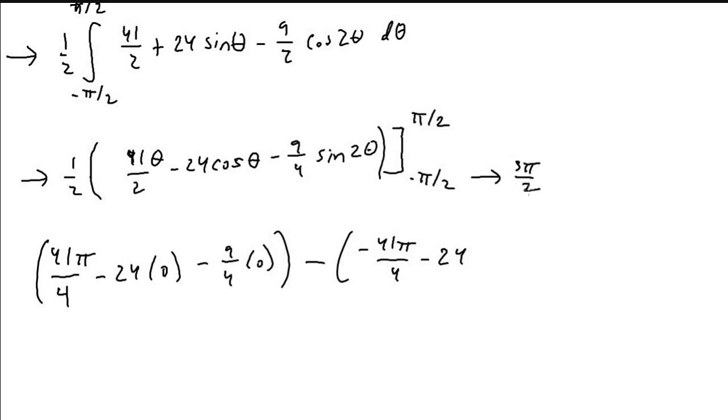And cosine of 3 pi over 2 is 0. Minus 9 over 4 times sine of 2 times negative pi over 2, or sine of negative pi. And sine of negative pi, or same thing as saying sine of positive pi, is obviously 0. So I'm just going to go ahead and replace that with a 0.